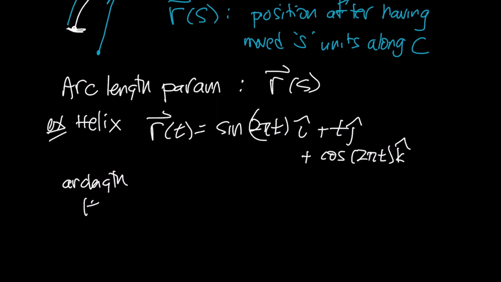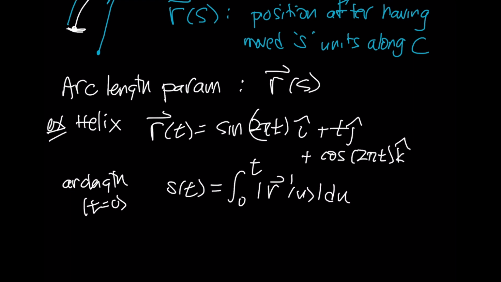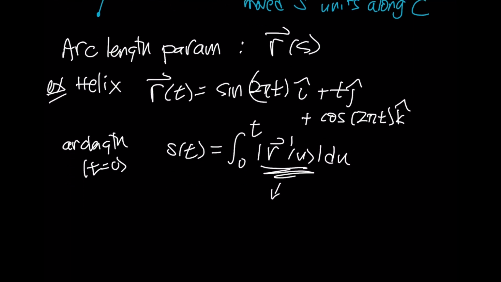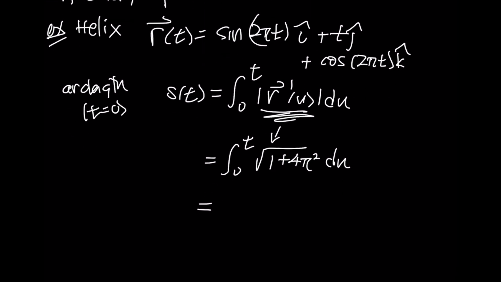So the arc length function along the helix would simply be this expression. From the previous video, we found that this quantity here was constant, square root of 1 plus 4 pi squared, du. So at the end of the day, this is going to give us square root of 1 plus 4 pi squared, times t.